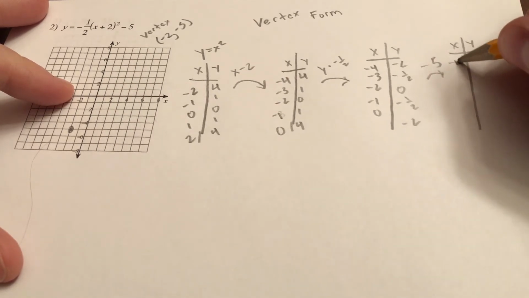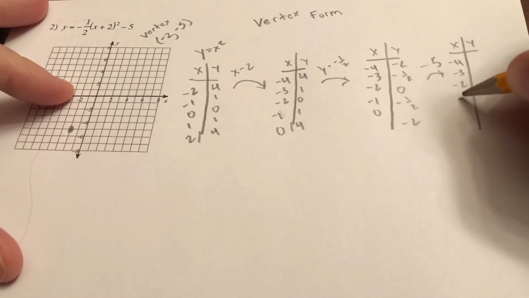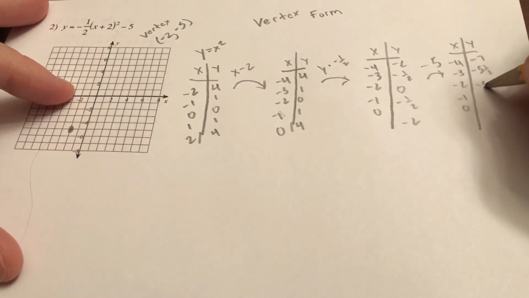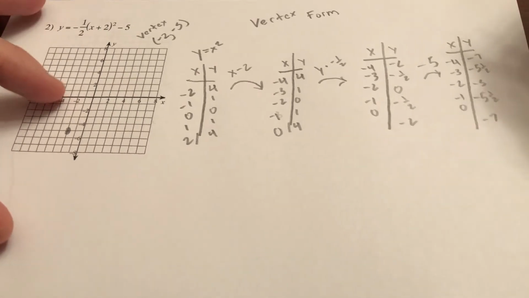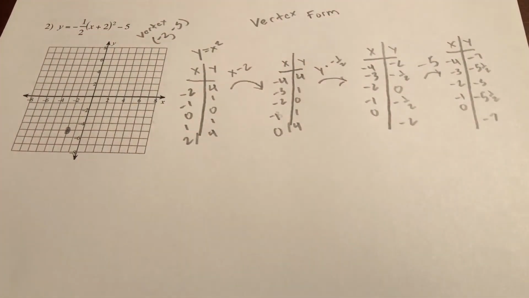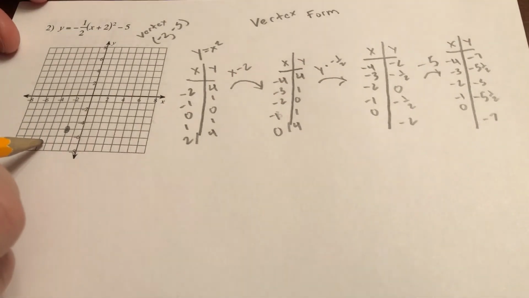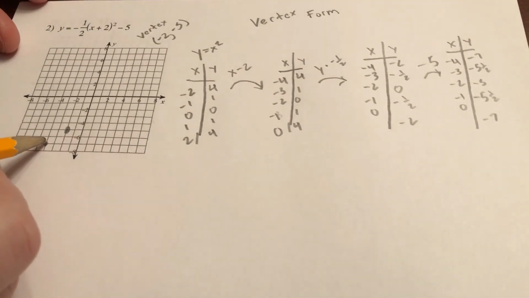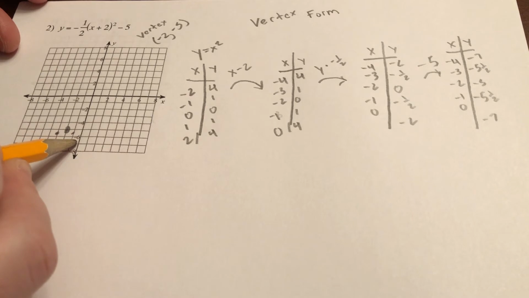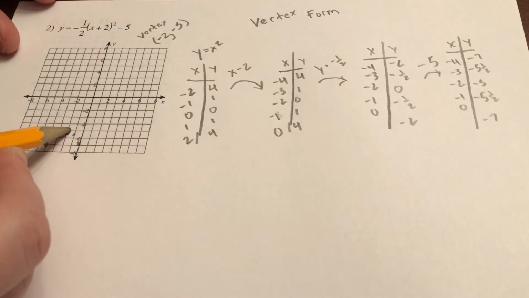So again, the x values didn't change. Then I get -7, -5.5, -5, -5.5, -7. So the graph I'm going to make, we go (-4, -7), (-3, -5.5), the vertex, and then (0, -7).